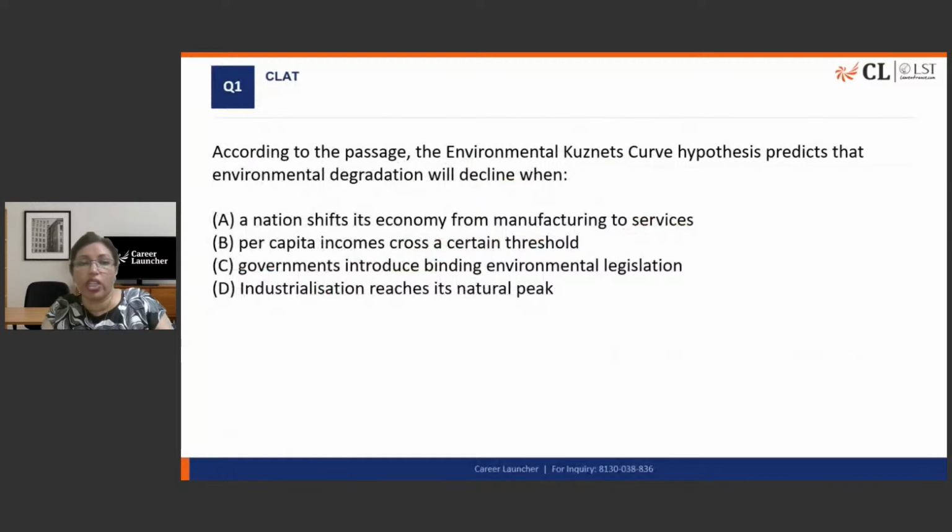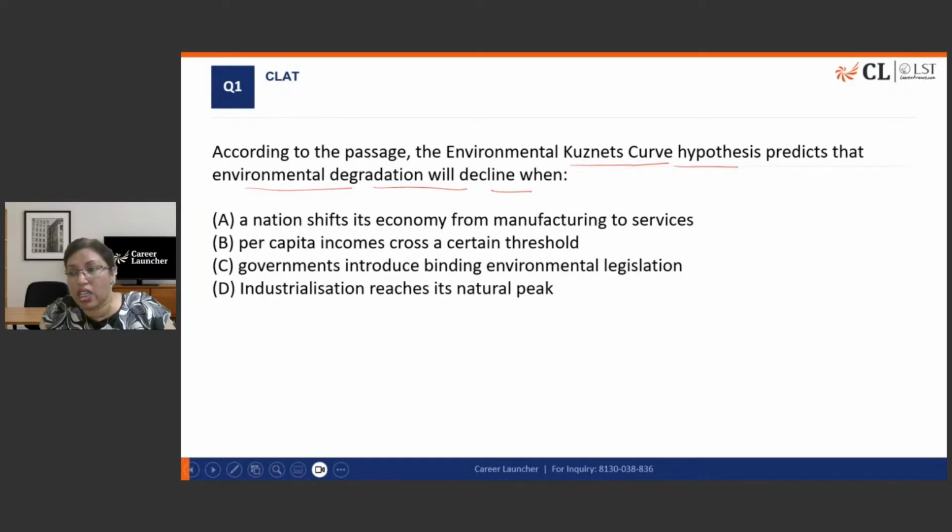Here's your first question. According to the passage, the environmental Kuznets curve hypothesis predicts that environmental degradation will decline when: a nation shifts its economy from manufacturing to services, per capita incomes cross a certain threshold, governments introduce binding environmental legislation, or industrialization reaches its natural peak.